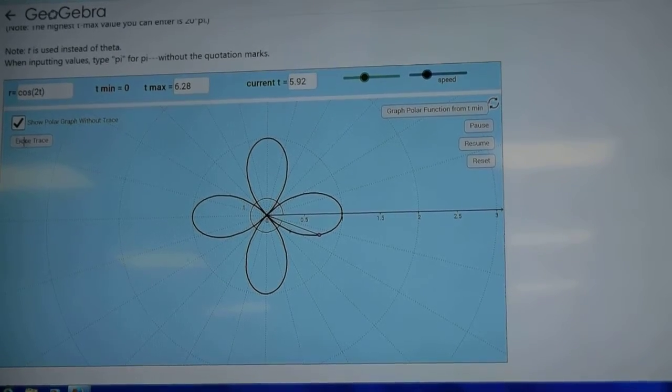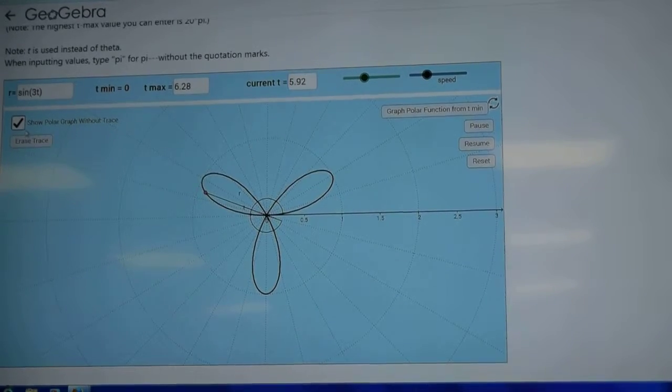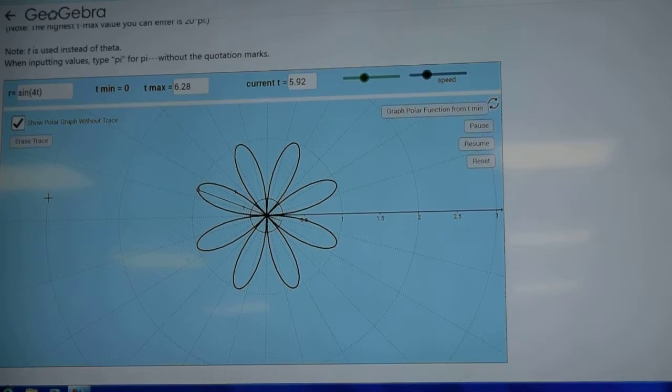All right, and then if you do sine 3t, you get 3 petals, rose with 3 petals. And if you go sine 4t, you get 8 petals, okay?